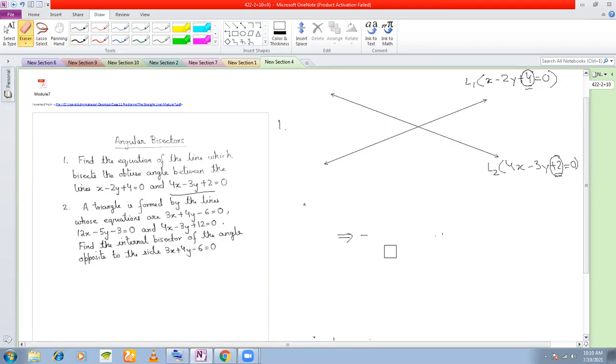Okay. So once we know this, now we can find the equation of the bisectors. L1 and L2 lines are given. So the equation of the bisectors of L1 and L2 are, you write down the equation of the bisectors. What was the formula there?